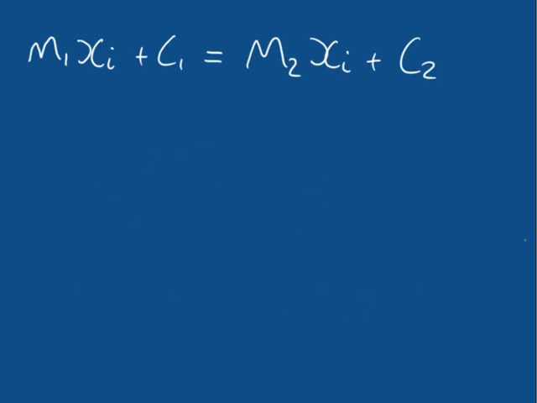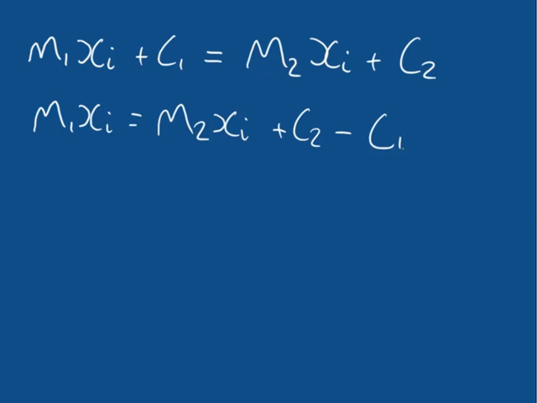The first thing I'm going to do is bring c1 over to the other side. To do that, I need to cancel an addition, so I'm going to subtract c1 from both sides. So m1 xi is equal to m2 xi plus c2 minus c1. The next thing I'd like to do is bring our xi term over with our other xi term, but I can't separate m2 and xi just yet, because if I were to divide by m2, I'd be dividing everything by m2.